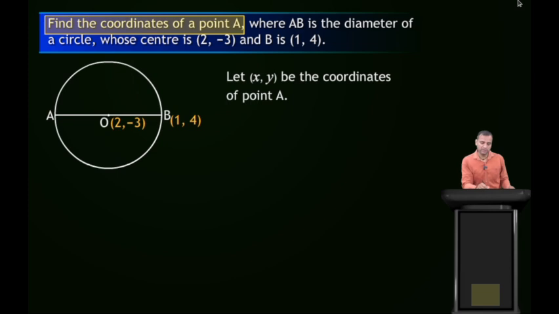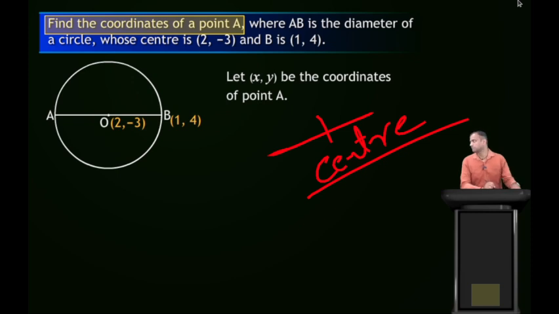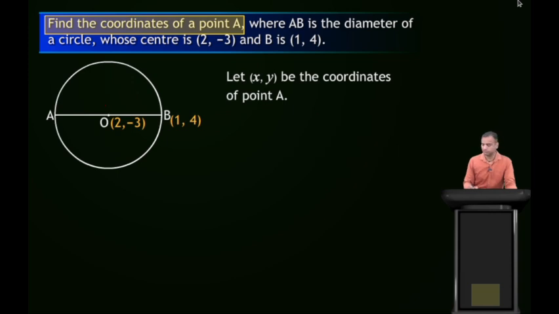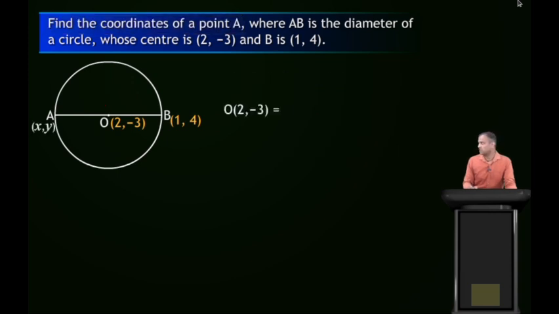So if you have a diameter, in the midpoint you will find the center. So we can say that O is the midpoint of AB. Now O is 2 comma minus 3 and this is the midpoint of AB.